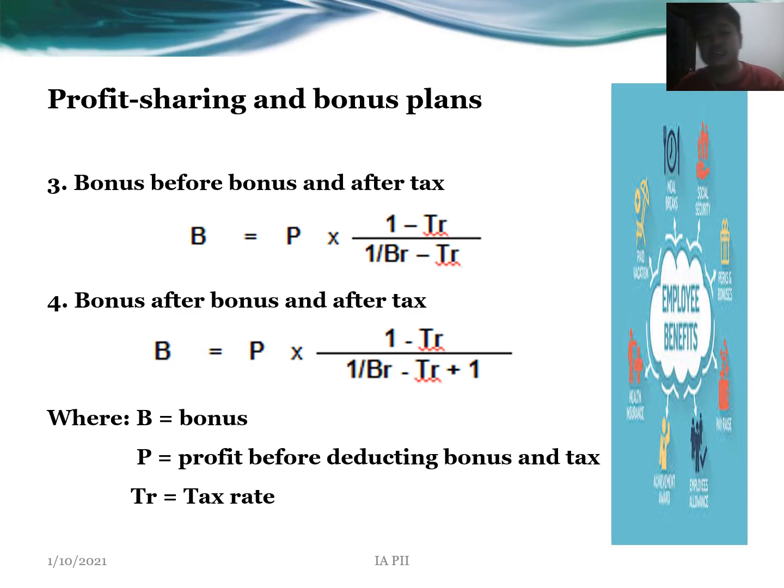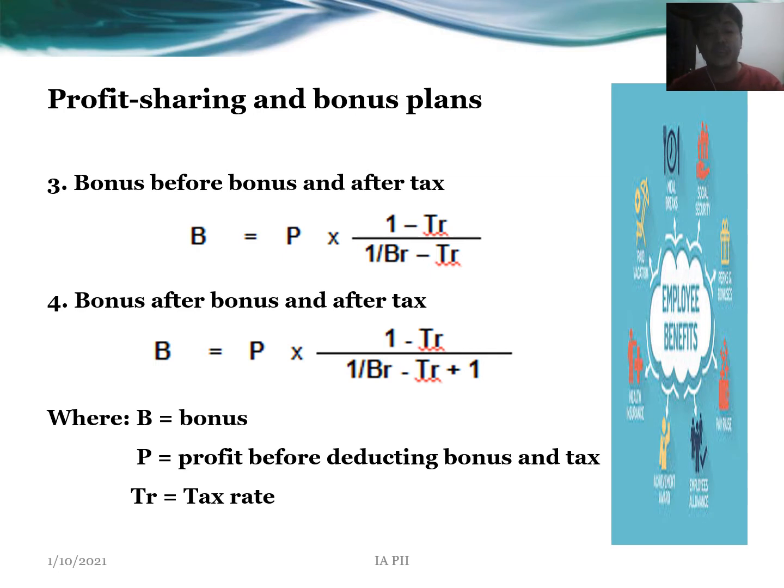The formula is bonus equals profit times 1 minus tax rate over 1 divided by bonus rate minus tax rate. You just substitute those items, because it is after tax, so you have to deduct the tax. That is why there is a minus TR in the formula. Please take note of the following formulas for our application; it will be easy. Please include them in your notes.